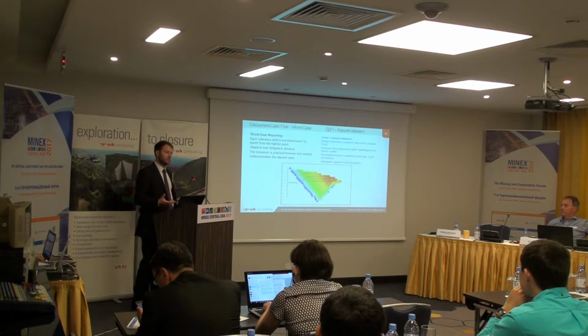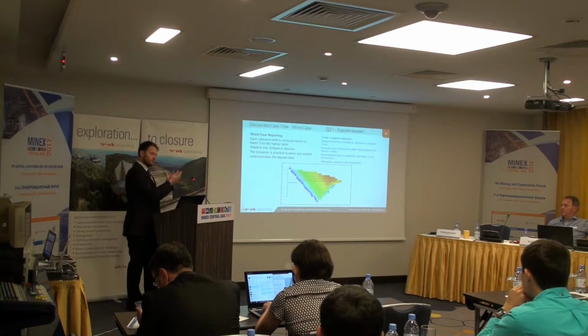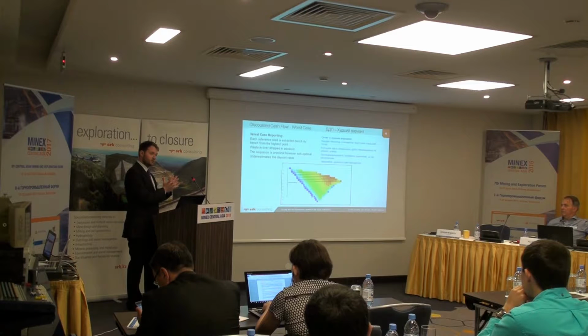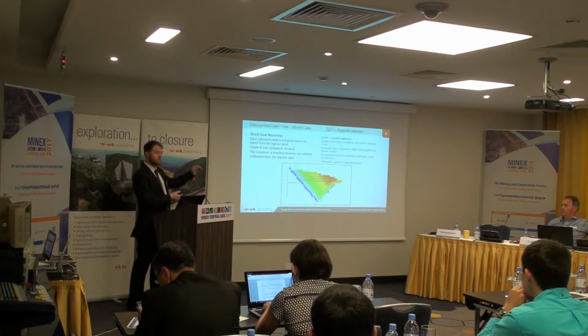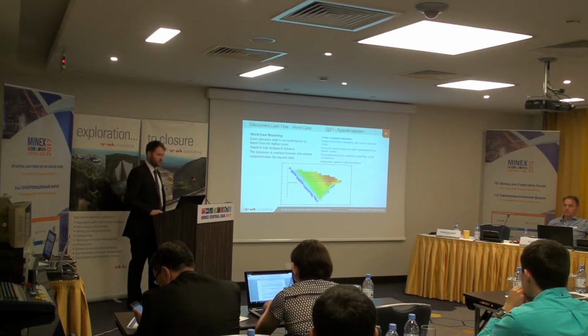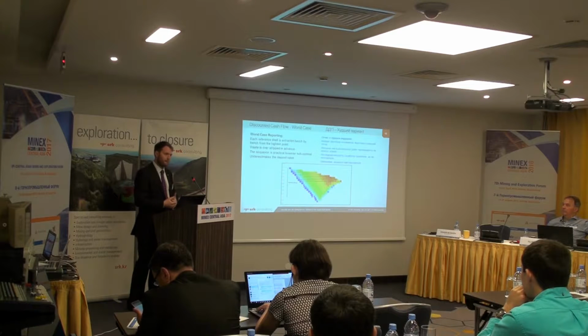Now in reality, you will probably mine a combination of the two. You'll mine some areas via shells at the higher value part of the deposit, and other areas will have to be mined by benches to make sure it's practical. So the cash flows that we're expecting to see in reality will be somewhere between the best and the worst case.